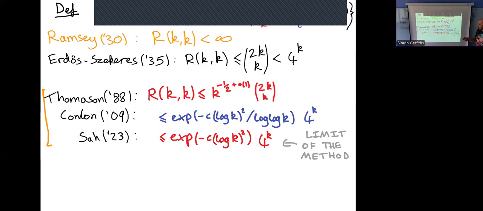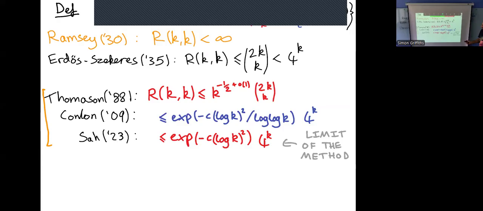And as I say, Conlon's and then Sahasrabudhe's improvements were huge technical challenges. I'll say a little bit about them, though I won't be able to say nearly as much as I ought to. Sahasrabudhe also recorded a seminar, I think back in 2020 or so, that's online. If you search for Sahasrabudhe Ramsey, you'll find it, so you can see a nice seminar on it.